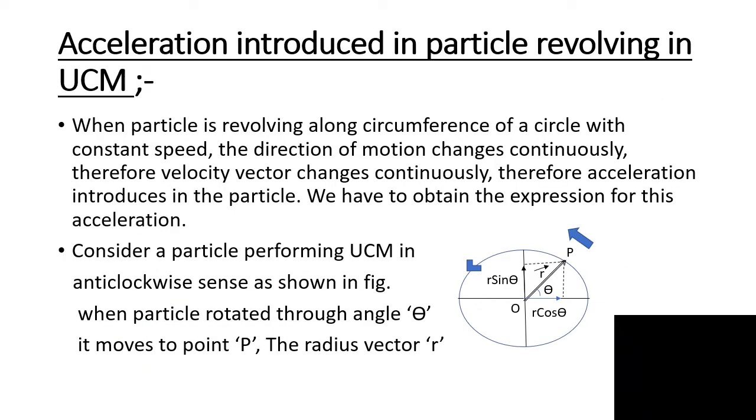Now we are going to study the next article, acceleration introduced in a particle revolving in uniform circular motion. When a particle is revolving along the circumference of a circle with constant speed, the direction of motion changes continuously. Due to this change in direction of motion, the velocity vector also changes continuously.